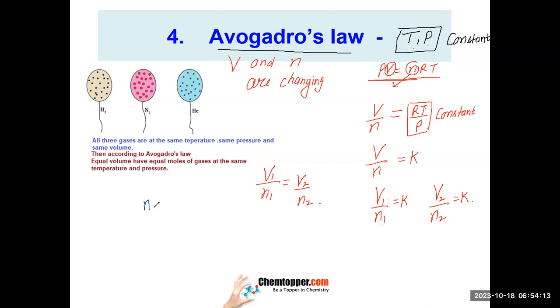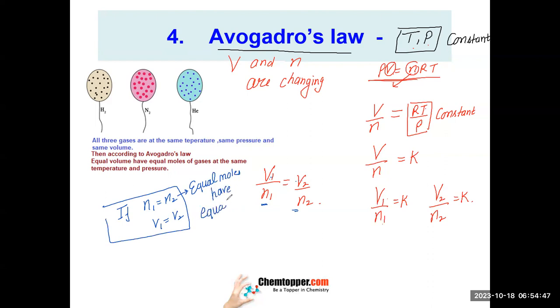If n1 equals n2, then what's the relation between V1 and V2? If these two are equal, don't you think V1 is equal to V2? Yes. Now define. This means equal moles, right? Equal moles have equal volumes.